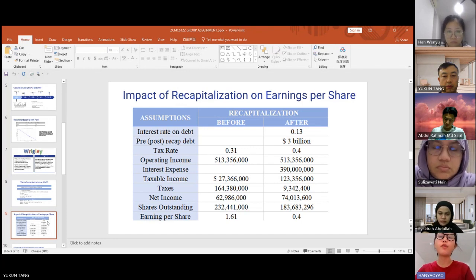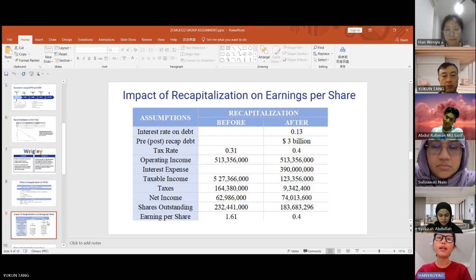The EPS dropped from $1.612 to $0.04 with a share repurchase and $0.15 with a dividend. Although the overall impact on EPS of the recapitalization is negative, the share repurchase yields a higher EPS value than the dividend-based recapitalization. EBIT value of $530 million, $356 million.